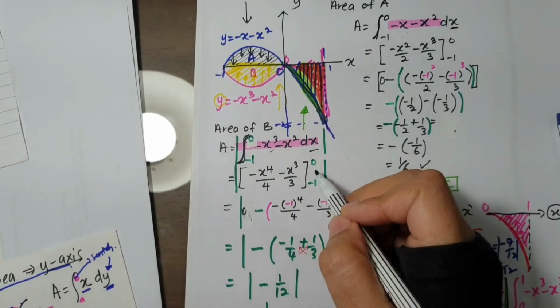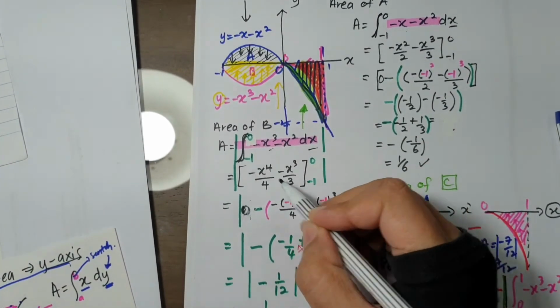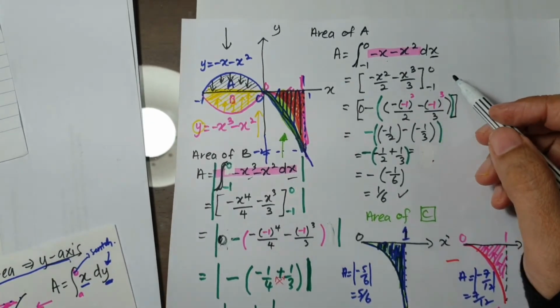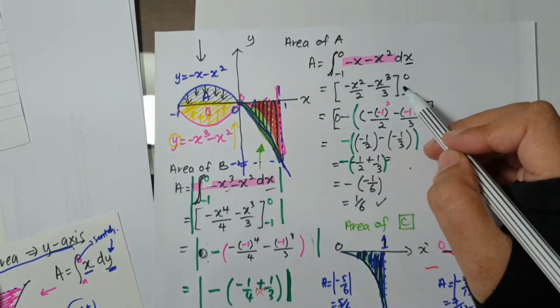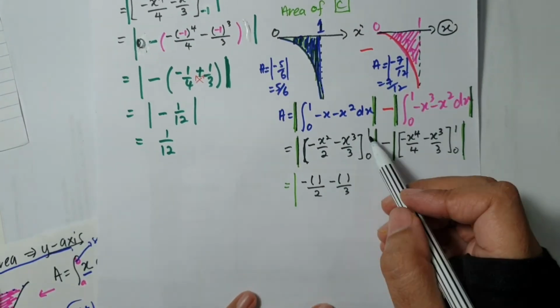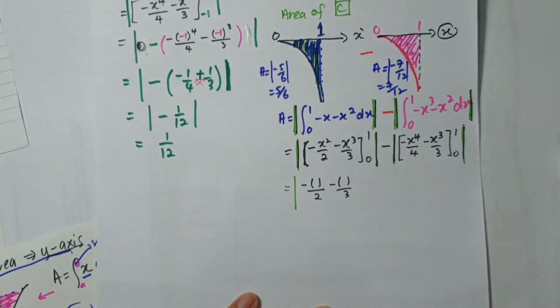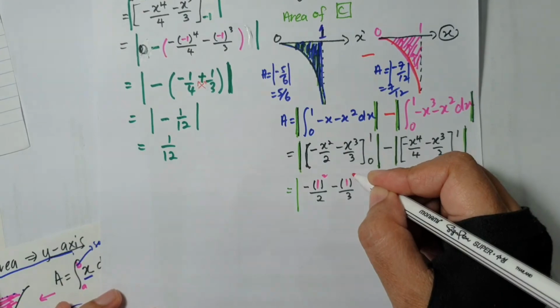So here tadi sepatutnya ada 0 minus and then put in negative 1. This part also the same. Tadi I cuma tak tulis tadi 0 minus and then put in negative 1. Okay. So this one. Here 1. Masuk 1. 1 square, 1 cube.